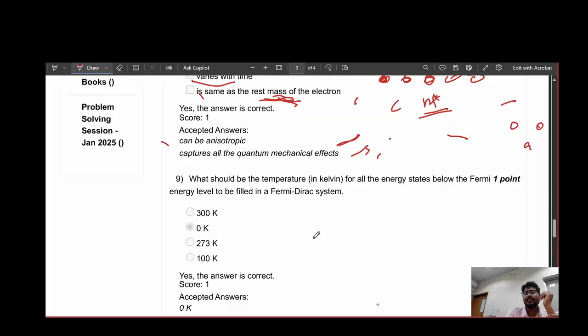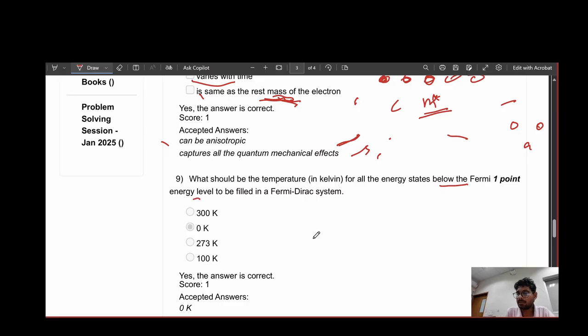Okay, so let us go on to the next question. What should be the temperature in Kelvin for all the energy states below the Fermi energy level to be filled?